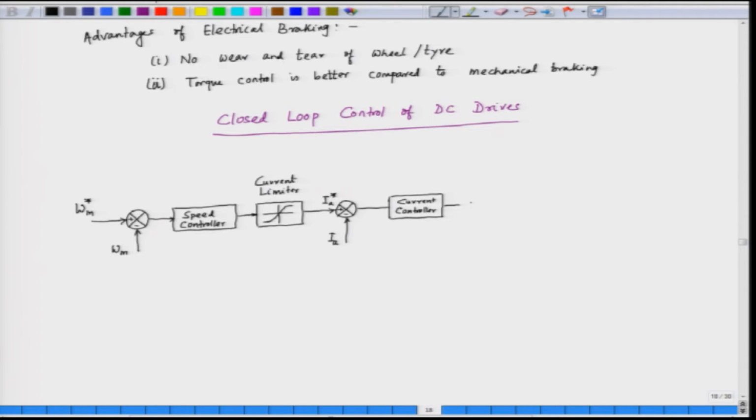And then we have the firing circuit, and we have the converter, and then we have the motor.